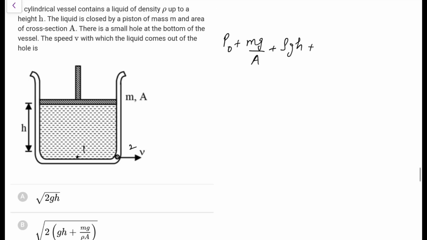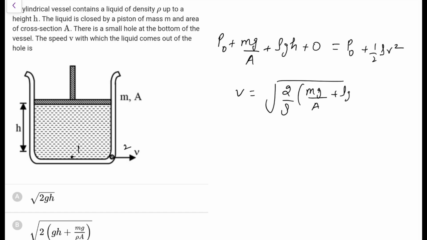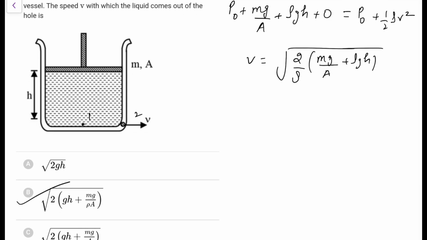The speed will be very small, so I am taking it to be 0, and the height is the same for both, so no height term. And at 2, it is open to the atmosphere, so P naught plus half rho V square. So V comes out as root of 2 by rho times mg by A plus rho gh. So this is how you will write. It is option B which is coming out to be the closest one.